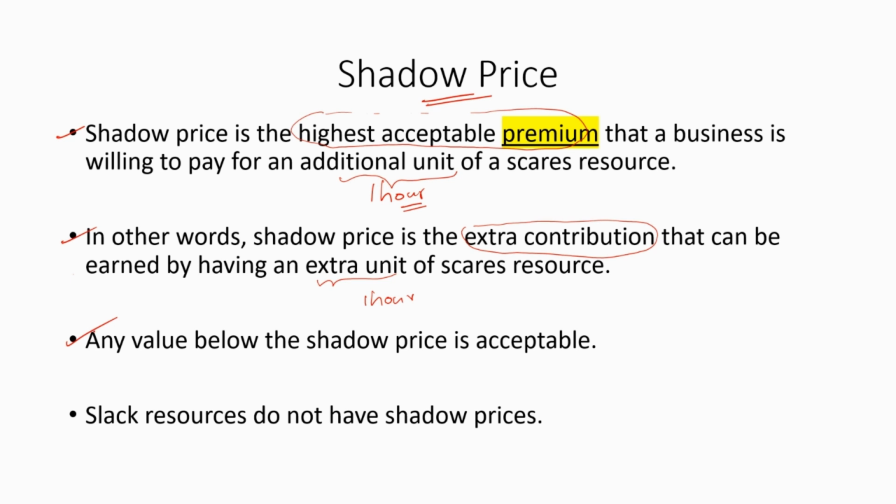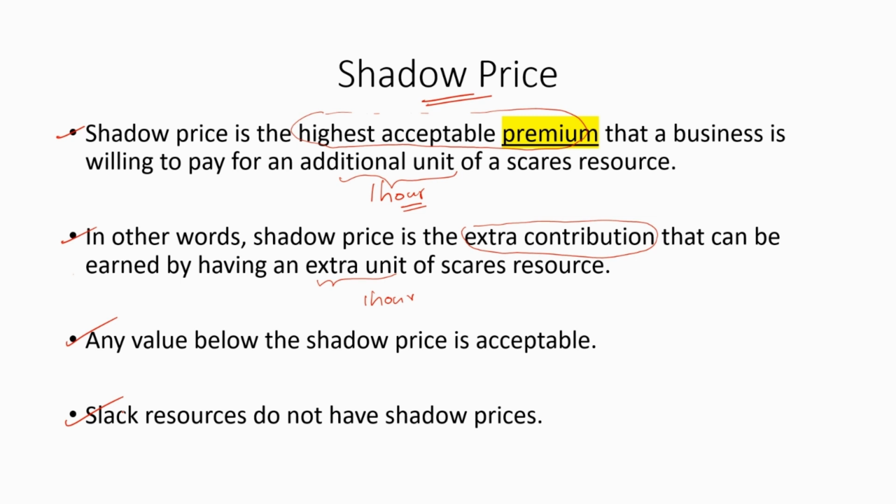Any value below the shadow price is acceptable because the shadow price is the premium that the business is willing to pay in order to obtain an additional unit of a scarce resource. So, any value below the shadow price is acceptable because it will lower the cost to the company. This is because slack resources have an extra or excess amount, which means the resource is not scarce.